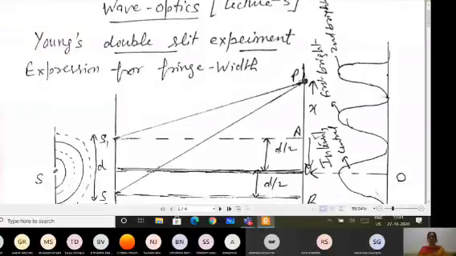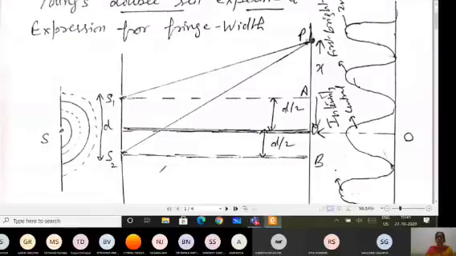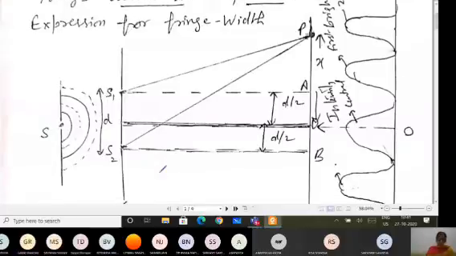So today we are willing to find the expression for the fringe width. So what is fringe width? First of all, you should know that when we get this pattern, we get the maxima and minima on the screen, so it means we get equispaced dark and bright lines.